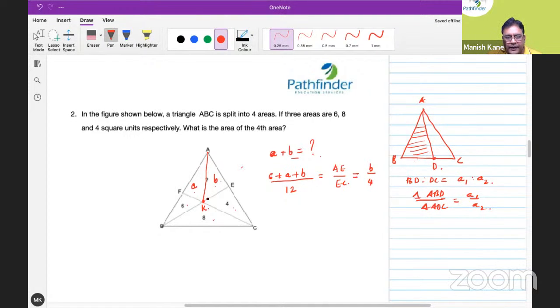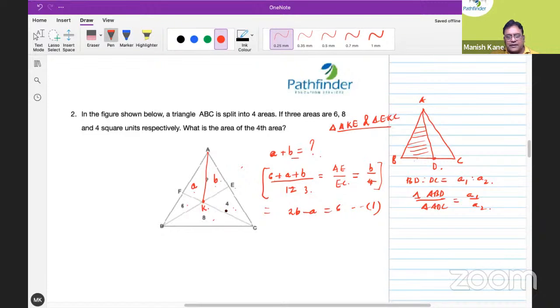If you look at triangle AKE and triangle EKC, the ratio will be same, B by 4. So that gets us our first relation. And let me simplify this. This goes 3 times. So 6 plus A plus B is equal to 3B. So 2B minus A is equal to 6. This is my first equation. I hope this part is clear.